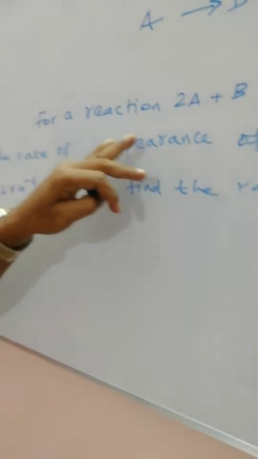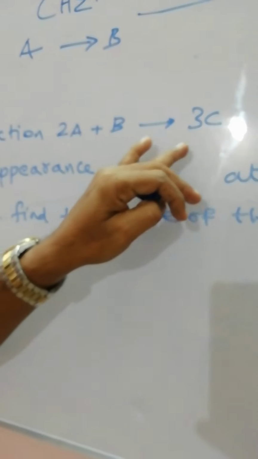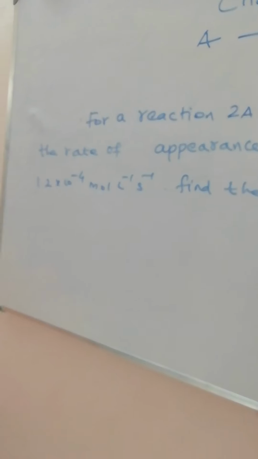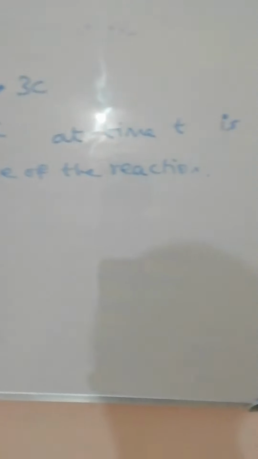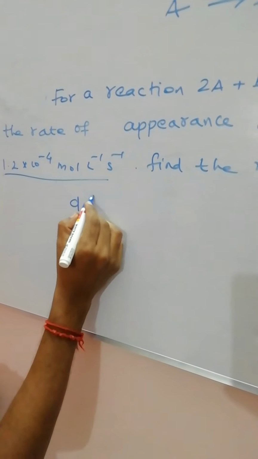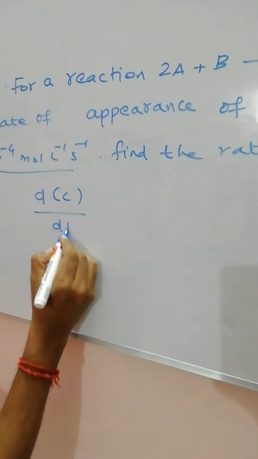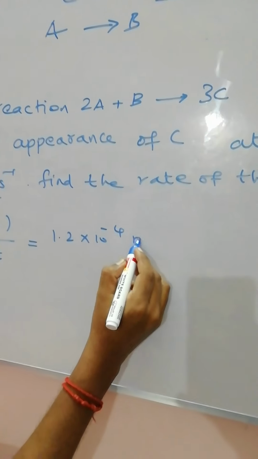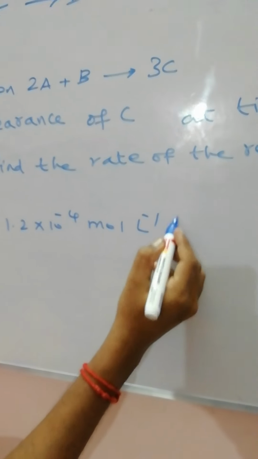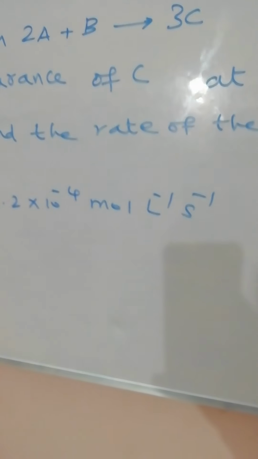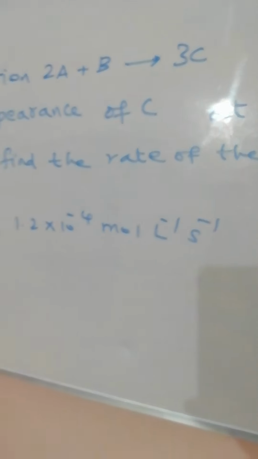What is the question? For a reaction 2A plus B gives 3C, the rate of appearance of C at time t is dC by dt equal to 1.2 into 10 to the power minus 4 mole per liter per second. This was given.